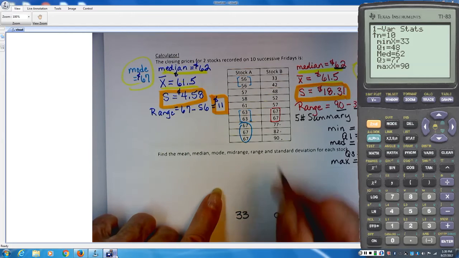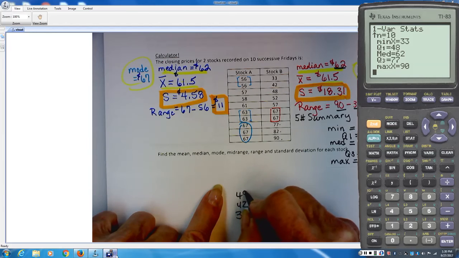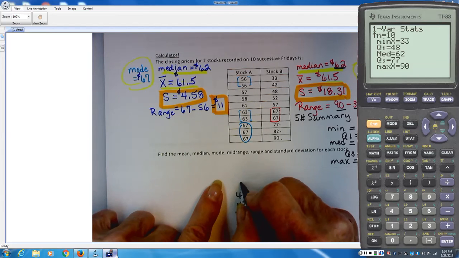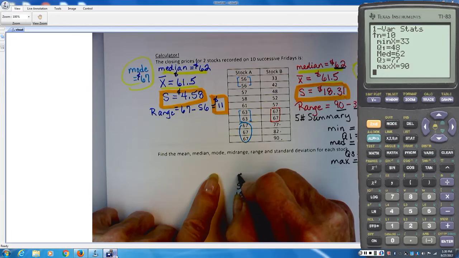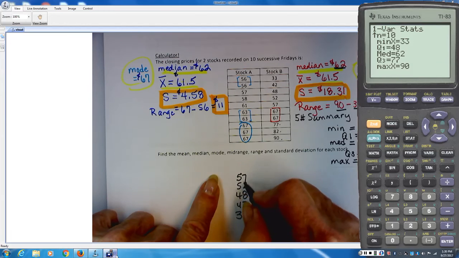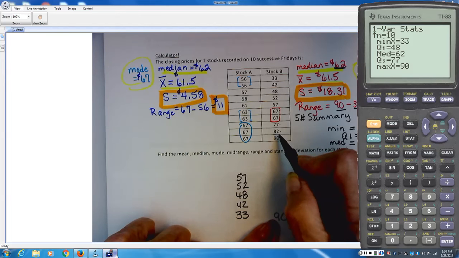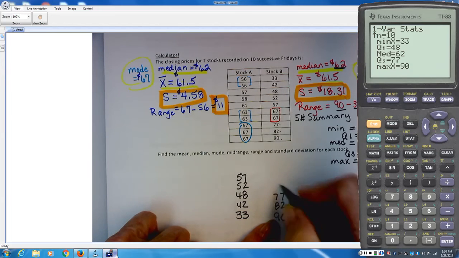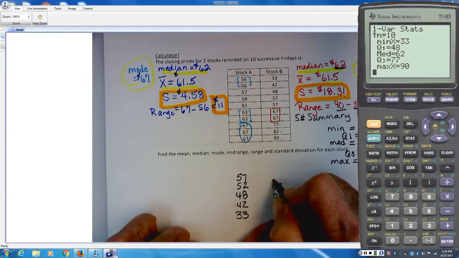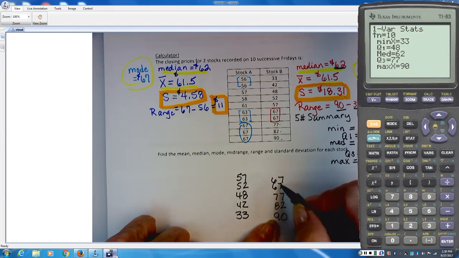So the bottom 5 are the 33, the 42, the 48, the 52, the 57, 1, 2, 3, 4, 5, and then for the upper one, it's going to be 90, 82, 77, 67, 67, and that's 1, 2, 3, 4, 5, okay?